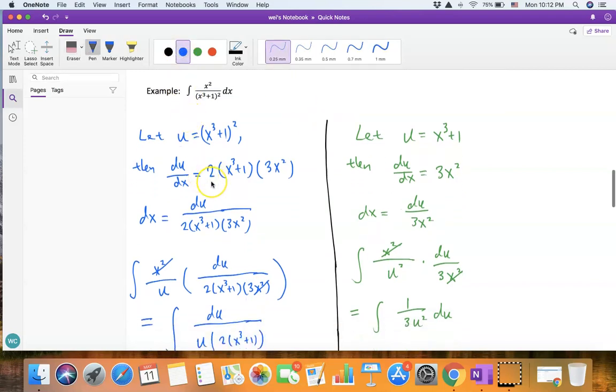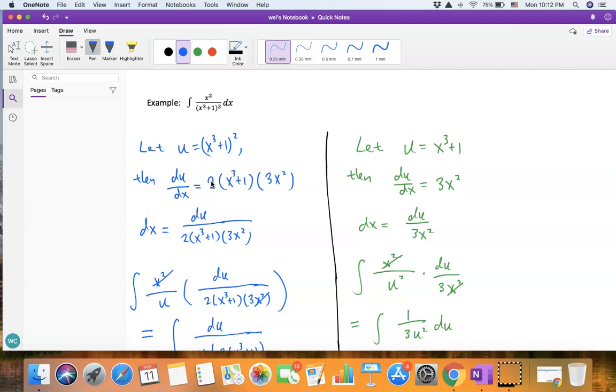Then the next thing we do is solve this for dx, because we want to know which term we should use to substitute for dx. If we solve this, we find that dx equals du over this quantity.